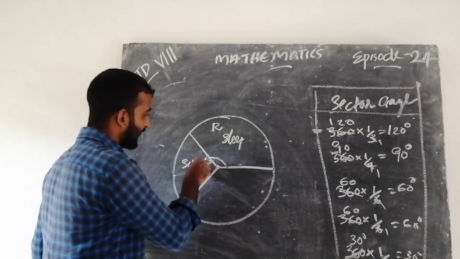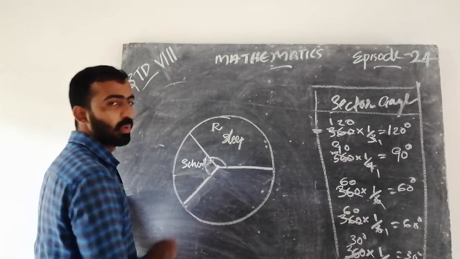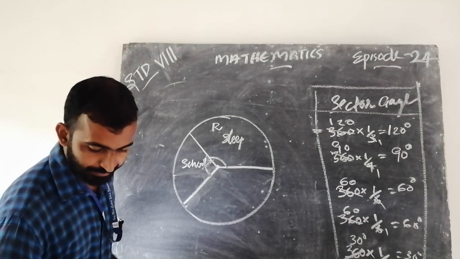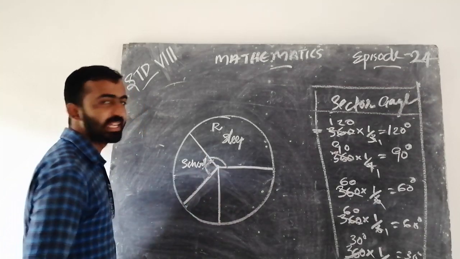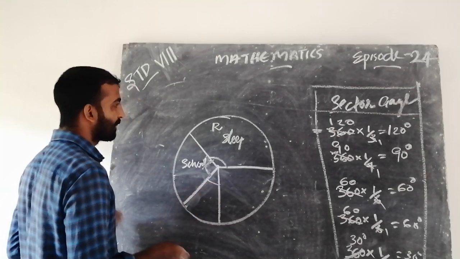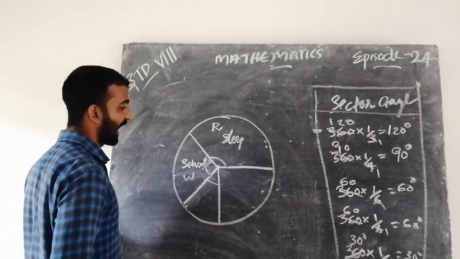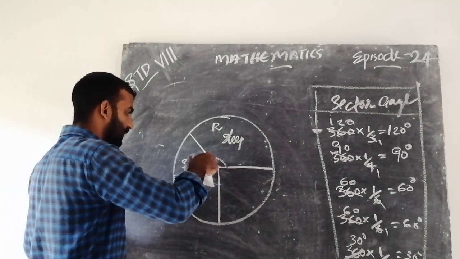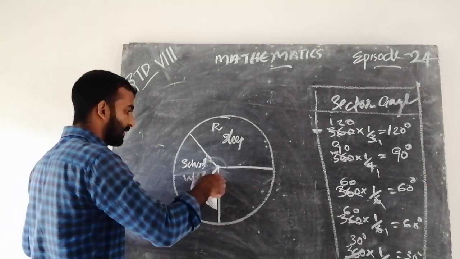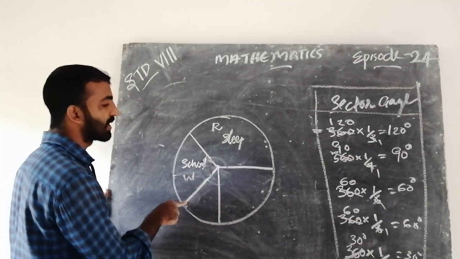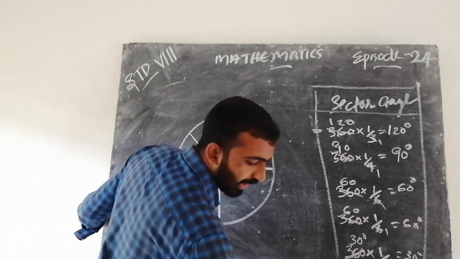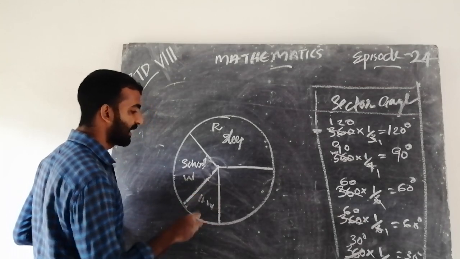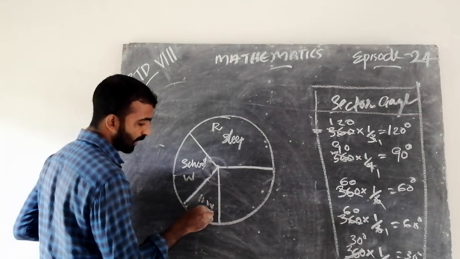Here is 90 degrees, so we write school, and we color it white. The next sector is 60 degrees, homework, HW, and we give it blue color.